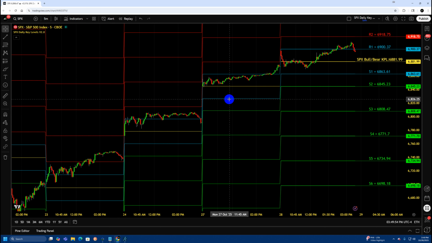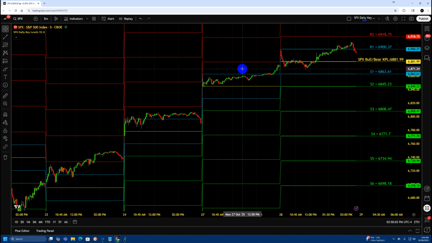Now keep in mind that currently this indicator does not show the historical midpoint lines. We may be releasing a version soon that will also be able to show the historical midpoint lines of the ones that you have enabled, which will be helpful as well. And it's also going to have a few other feature enhancements, which I can't talk about at the moment.